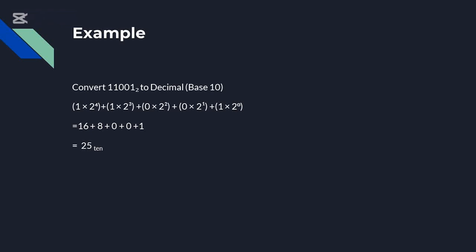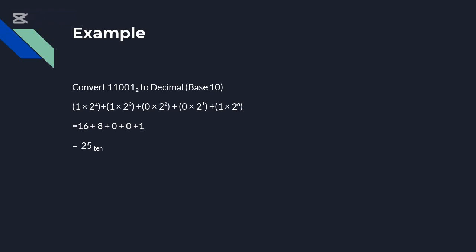So after that, what do you do? You multiply by the powers of the base. So 1 times 2 to the power 4. In simple terms, we are multiplying by the value of 1. So 1 times 2 to the power 3, 0 times 2 to the power 2, then 0 times 2 to the power 1, then finally 1 times 2 to the power 0. So 2 to the power 4 is 16, times 1, 16.